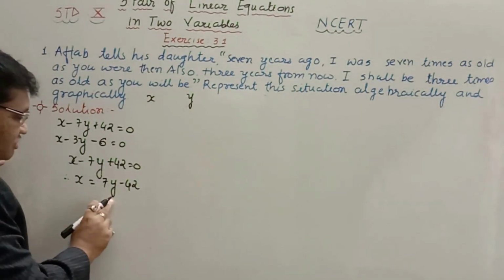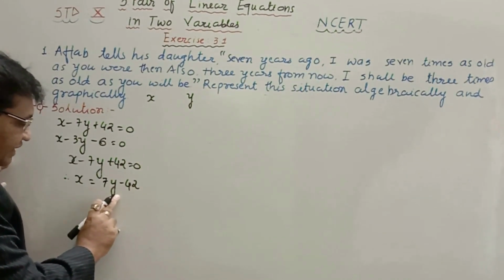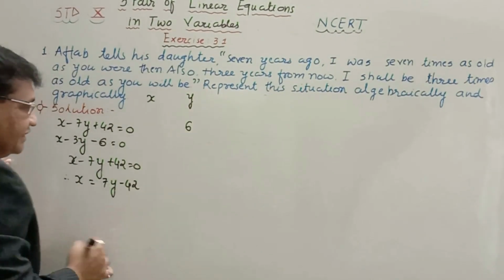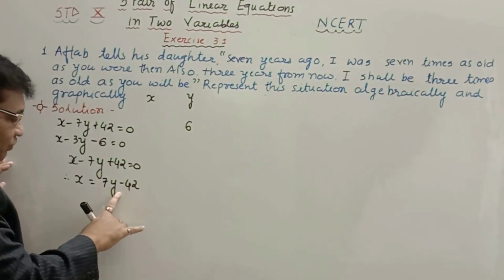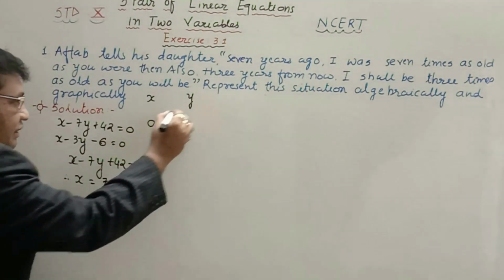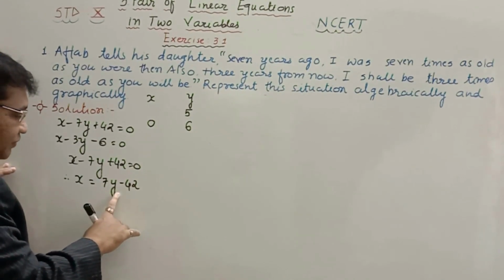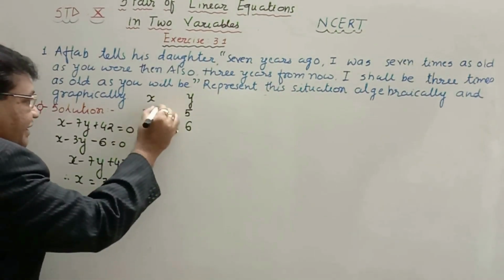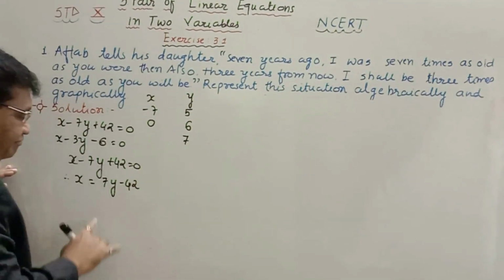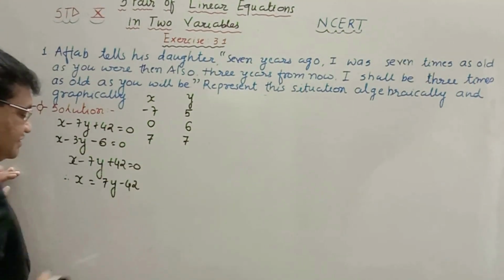Here it is 42, so 7 times 6 will be 42. So we take y is equal to 6. 7 times 6 is 42, minus 42 it will be 0. Now here we take 5. 7 times 5 is 35 minus 42 is minus 7. And here we take 7. 7 times 7 is 49 minus 42 it is 7.